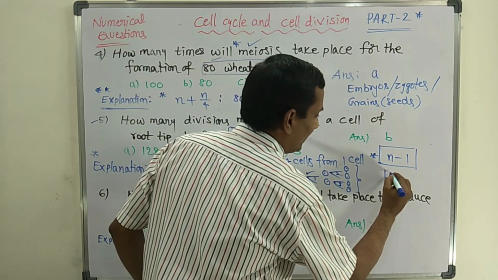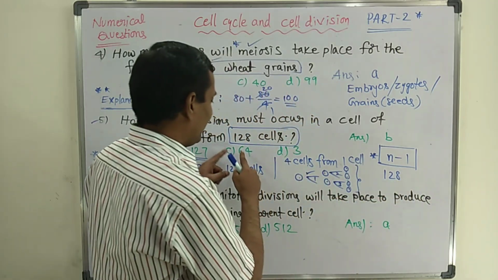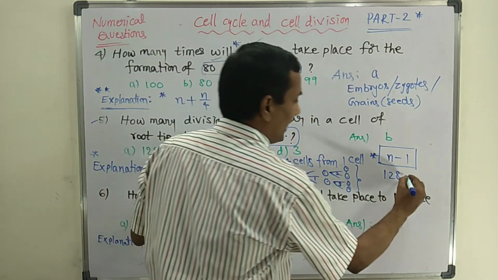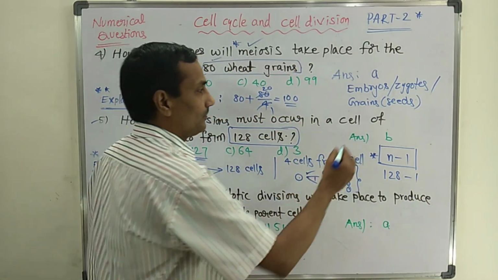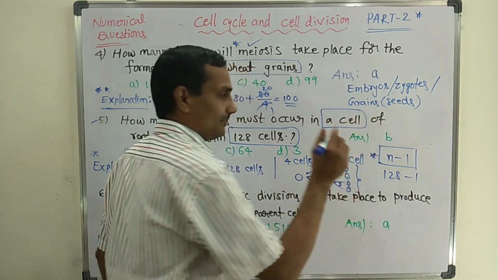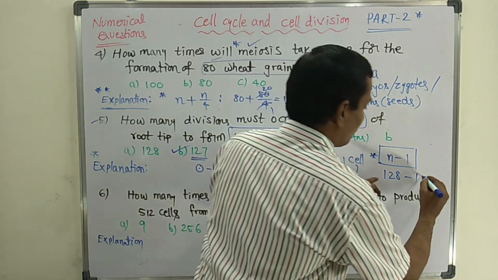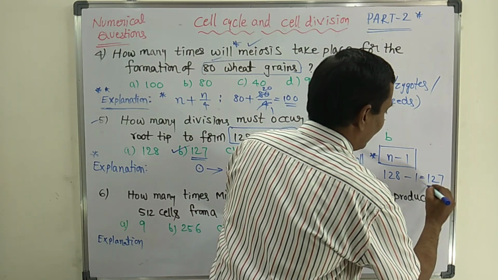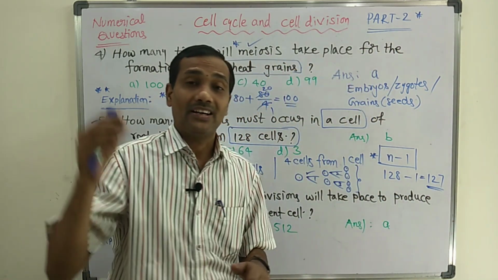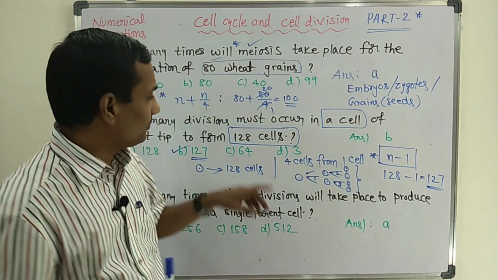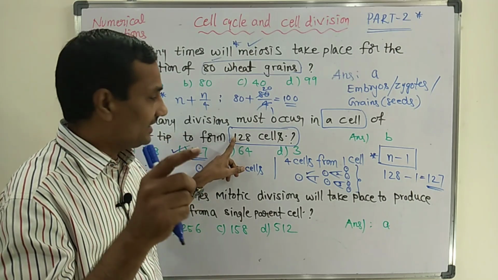N, how many cells are there? 128 cells are there. So minus 1. Why minus 1? Because it starts from a single cell, that's why n minus 1. So a total of 127 mitotic divisions must occur to form 128 cells.